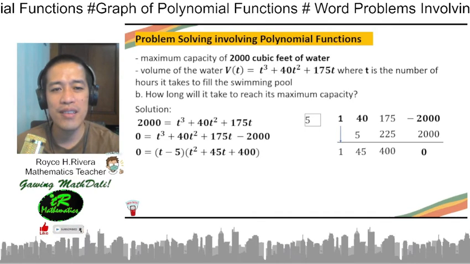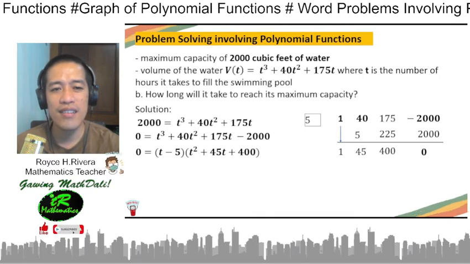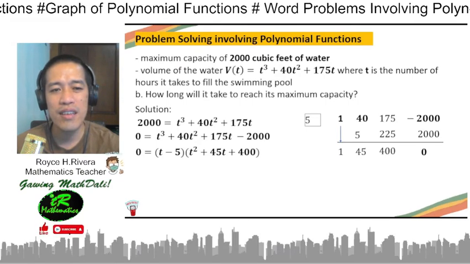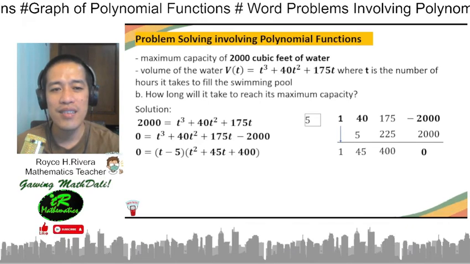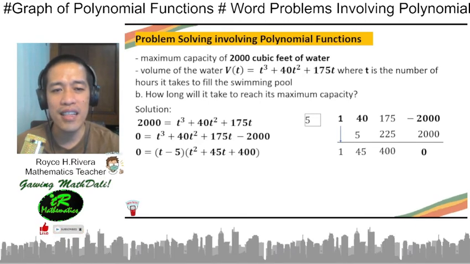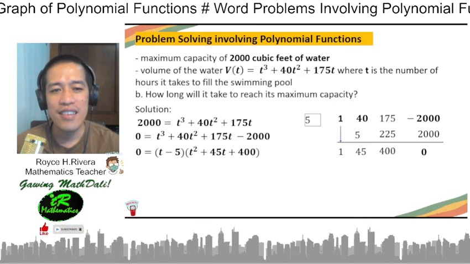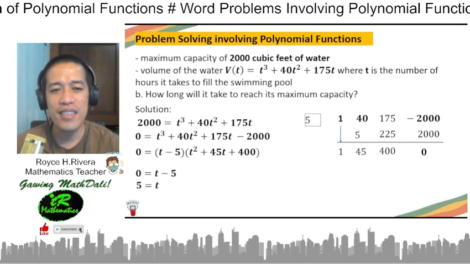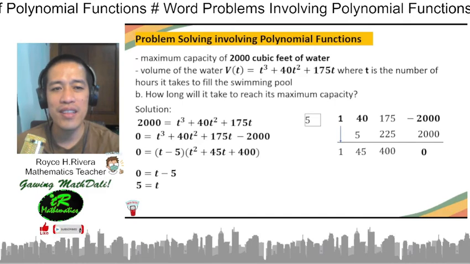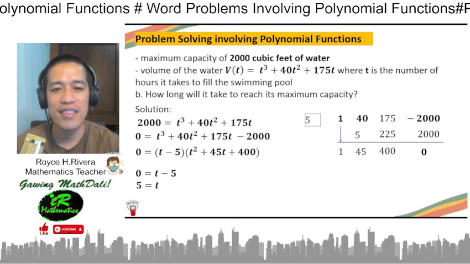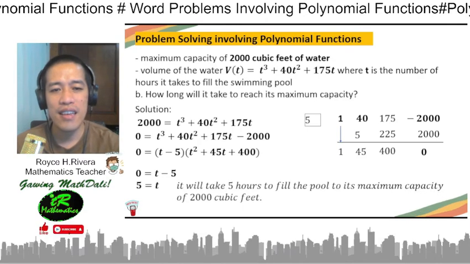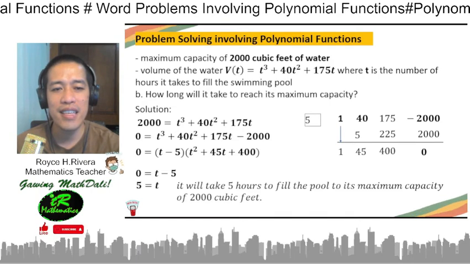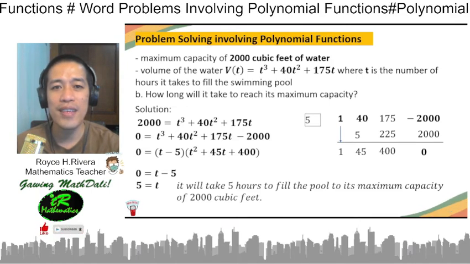So based from the results, the other roots of the resulting polynomial equation are irrational. So meaning, ang kukunin lang natin ay ang 5, which is the only rational root of the polynomial equation. It means it will take 5 hours to fill the pool to its maximum capacity of 2,000 cubic feet.